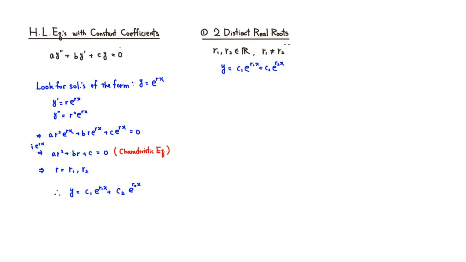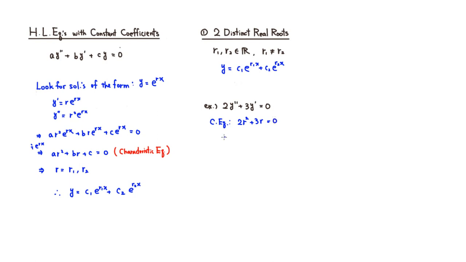So let's look at a simple example here. First, I'm going to turn it into a characteristic equation. The characteristic equation is going to look like 2 r squared plus 3 r is equal to 0.